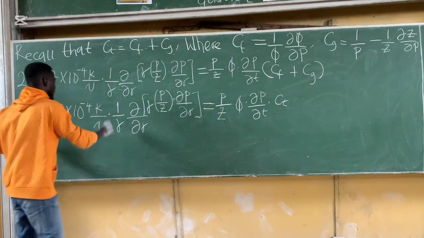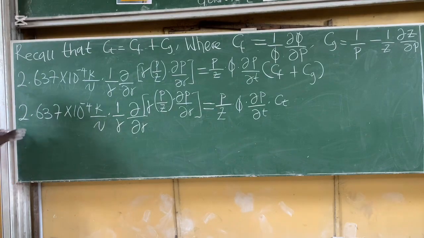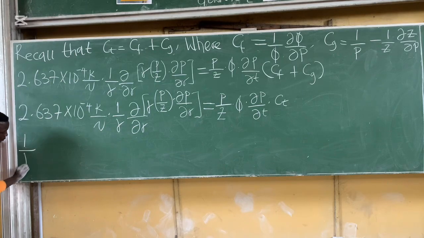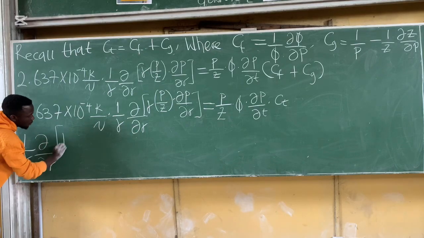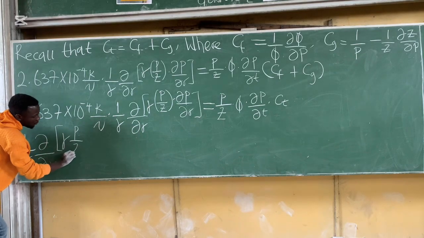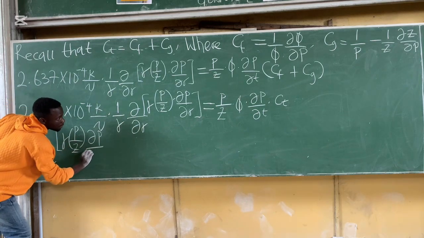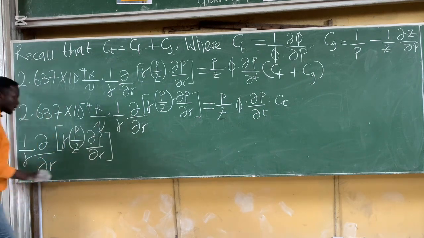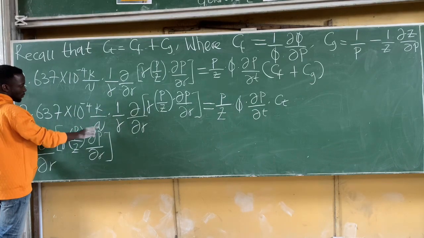So if we divide through by this, for the left hand side we are going to have 1 over r, d/dr of r p over z dp/dr. Remember, we divided through by 2.637 times 10 raised to the power minus 4k over mu.